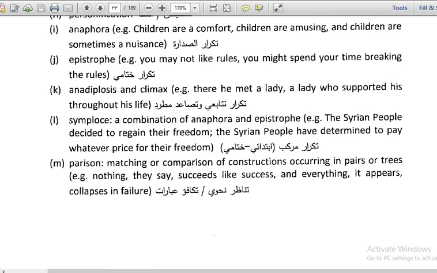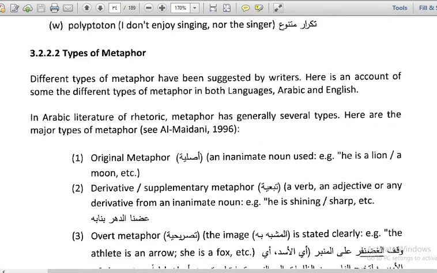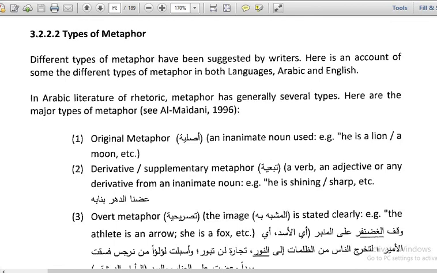We have anaphora. We have paronomasia and oxymoron. All these are figures of speech that you need to take care of while transferring a meaning literally from one text into another. In page 34, what about the types of metaphor?